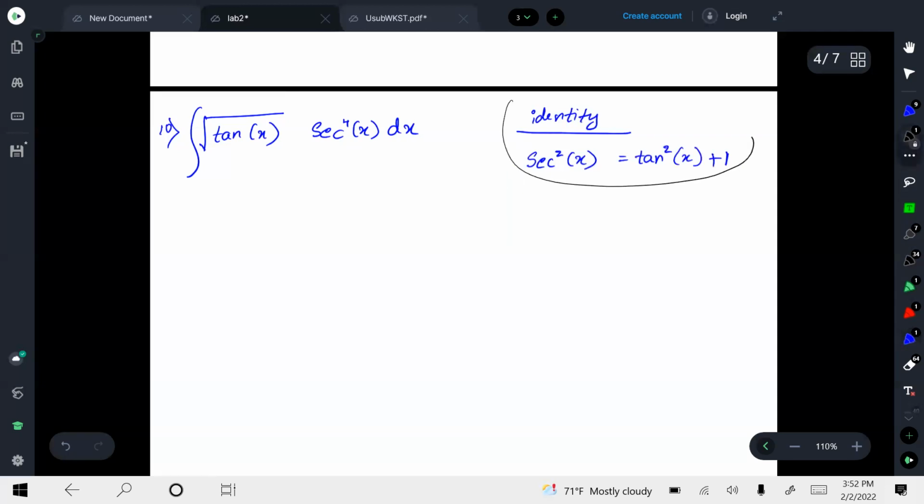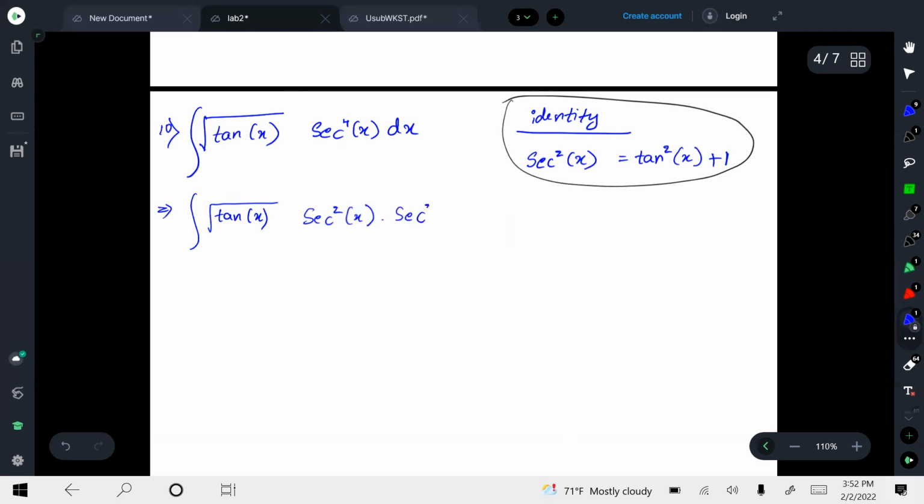I will just put this in the blank. Now I will keep this as it is, square root of tan of x. Now I have secant to the power of 4, right? Now I can divide it as secant square x into secant square x into dx.